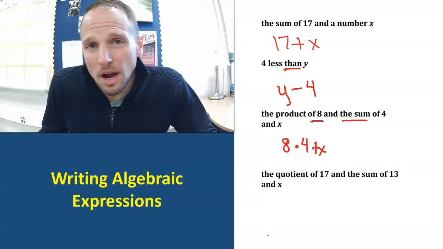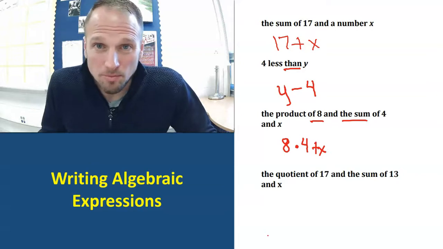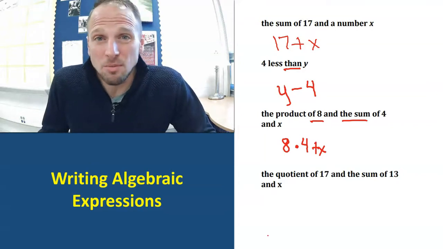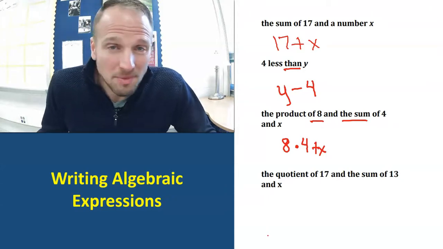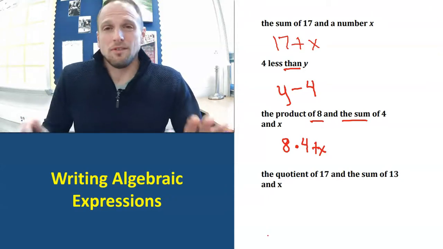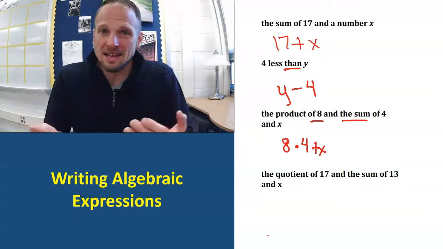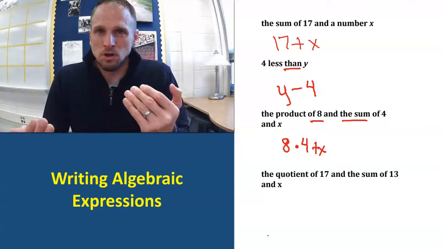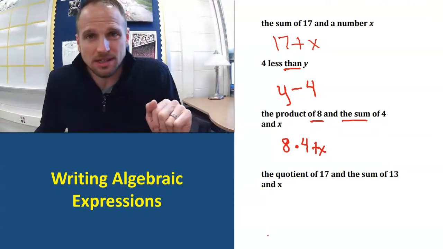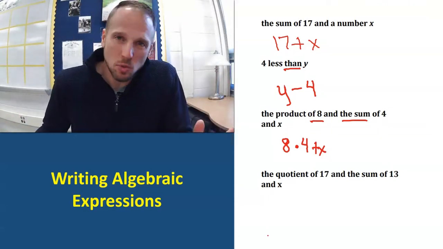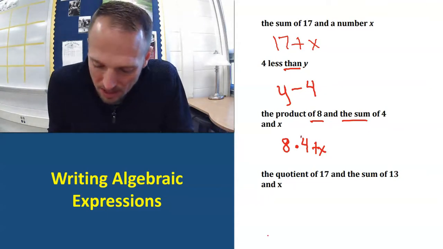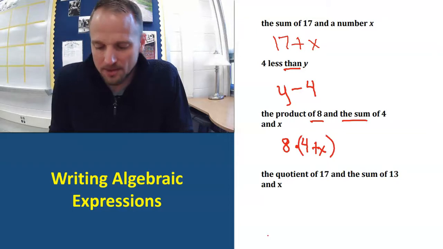When we have a product of a sum, or the difference of a quotient, or the quotient of a sum, or something like that, when we have two of those words together, they say we're going to have to add and divide, or multiply and add. When we have a couple of those things together, we're going to have to use parentheses, okay? That's the key, that we're going to have to use parentheses. So we're going to multiply a sum.